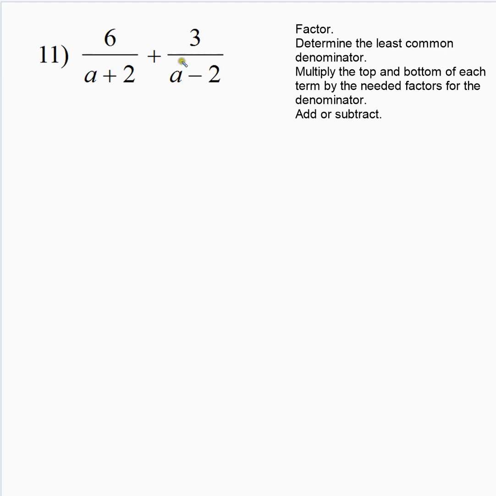There's really nothing to factor here, so we don't have to do that. So that's checked off. Determine the least common denominator. Well, we need the whole denominator, the whole factor here. So it's going to be an a plus 2 I need, and an a minus 2.